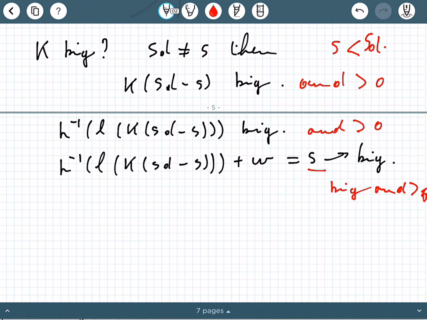But if S is big, then it could become that S becomes greater than SD, and therefore this is impossible.